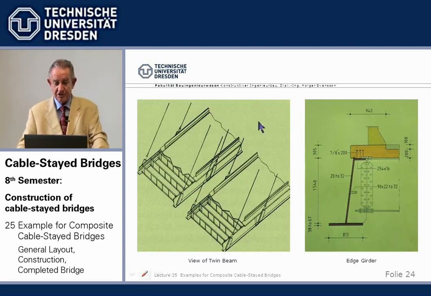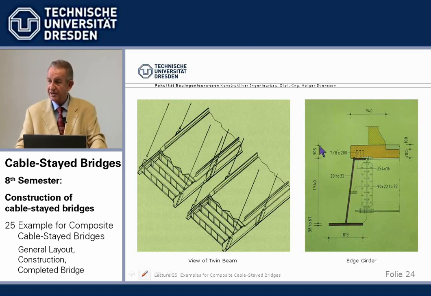Now, beam construction. As I showed you, we have two separate beams and open plate girders, a web, a bottom flange, and a top flange. These are all some strange measurements, but that's 6 feet here, and then comes another foot.